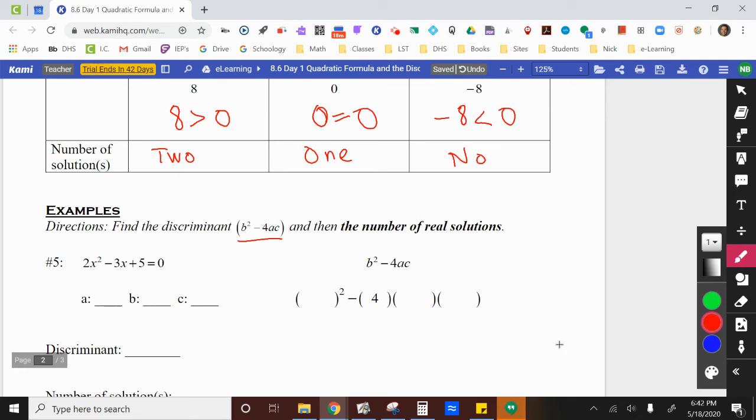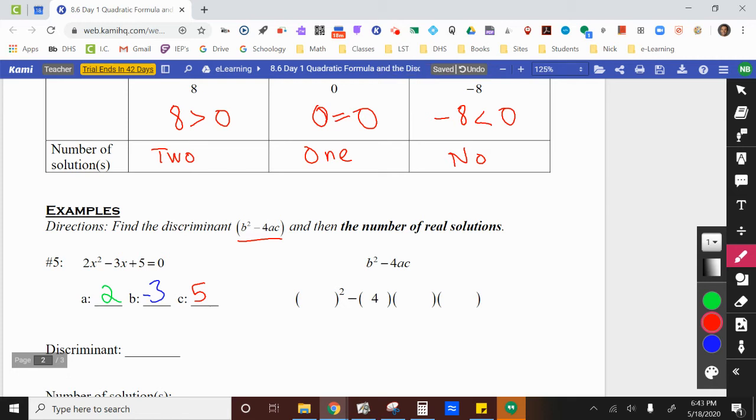In example 5, we have 2x squared minus 3x plus 5 is equal to 0. My a value is 2, my b value is negative 3, and my c value is 5.